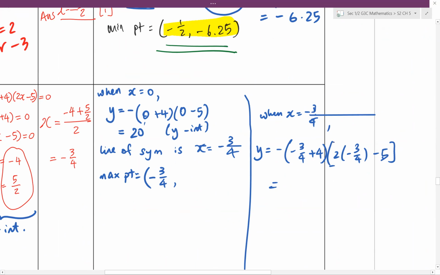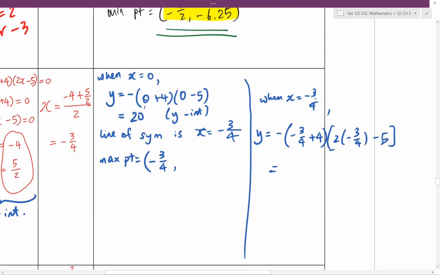So this is me trying to find the y coordinate. How did I do that? I substitute the x value. Which x value? Line of symmetry into the equation. Similar to how you find your y-intercept. You sub the x value when x goes 0. But this time is when x goes to -3/4.